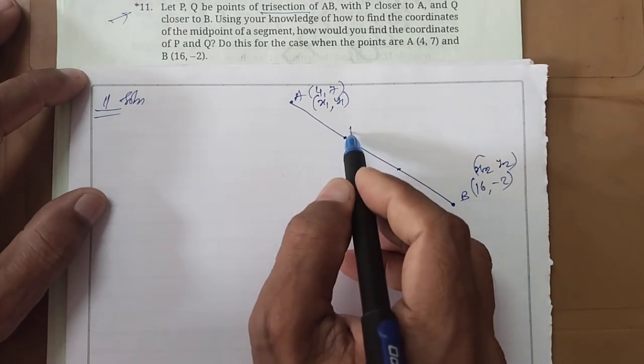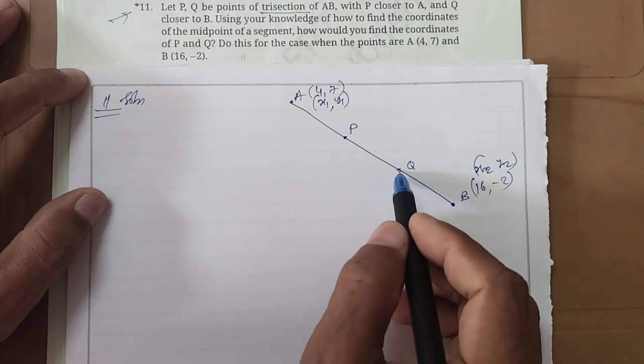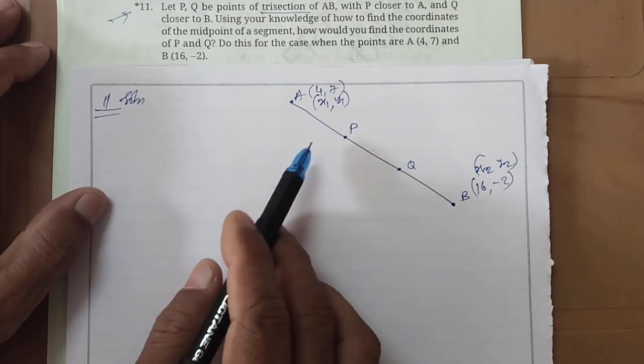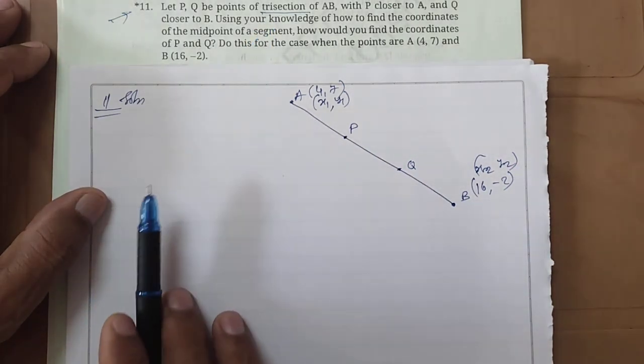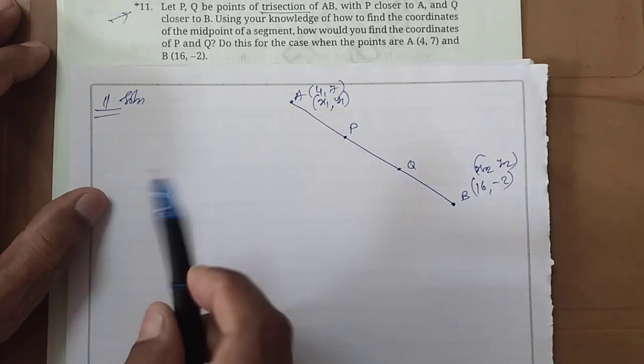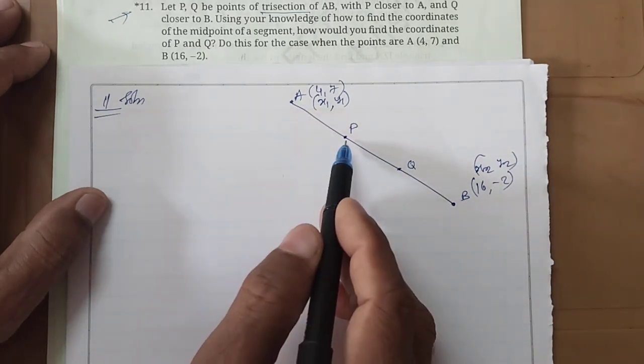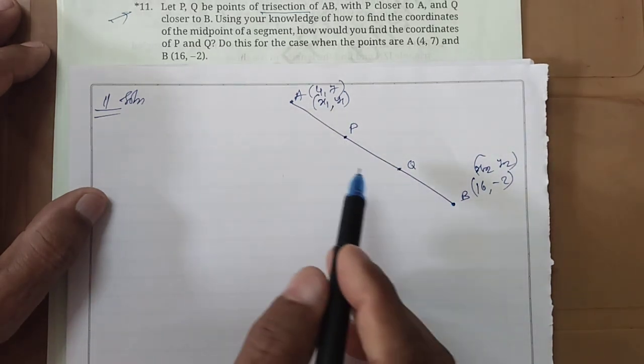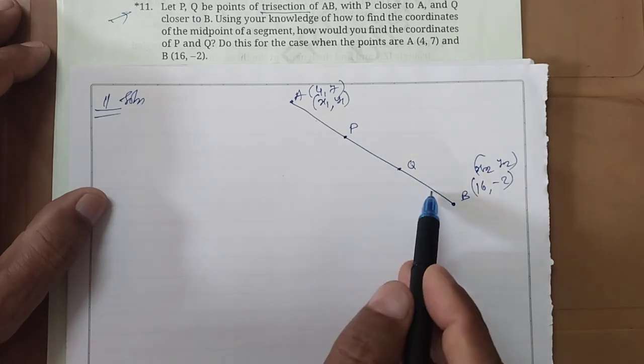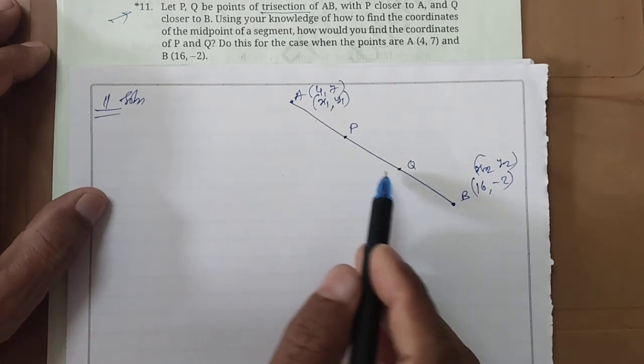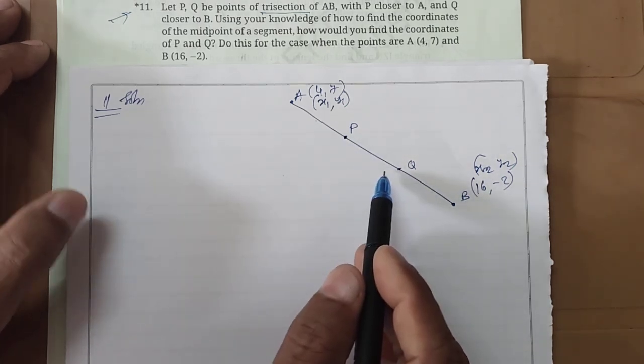They are in such position that they divide it into 3 equal parts. Trisection means dividing into 3 equal parts. So this is one part, AP one part, PQ another part, QB another part. So how many parts? 1, 2, 3. So P and Q are called points of trisection.